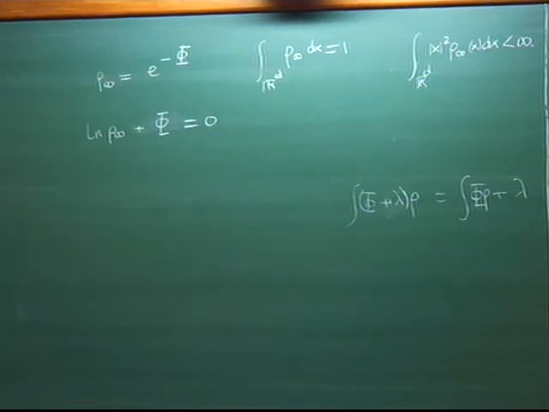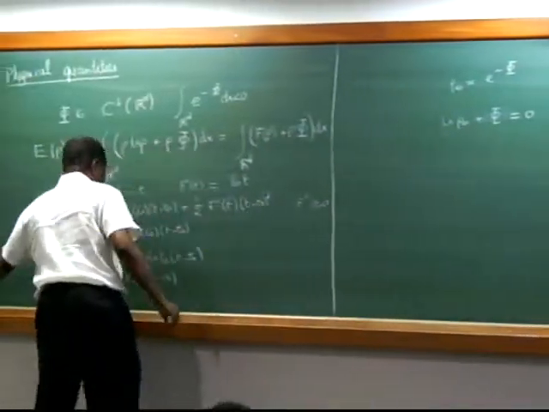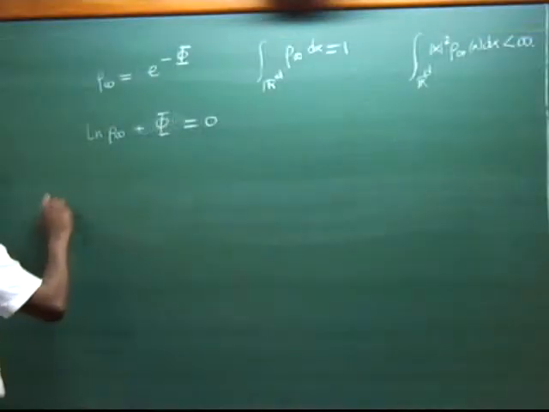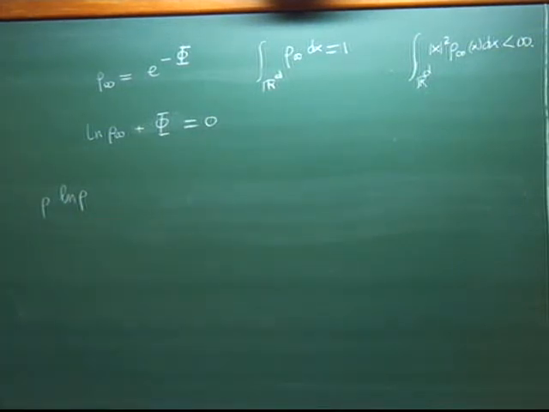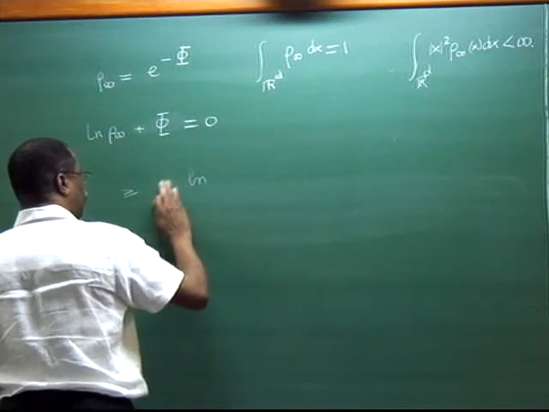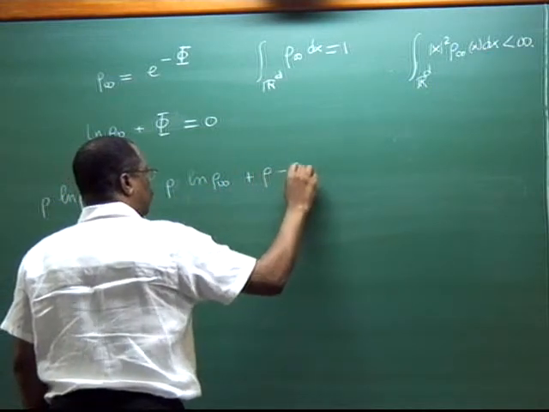So let me come back here to see what that is saying. It is telling me that rho log of rho is greater than rho log of rho infinity plus rho minus rho infinity.